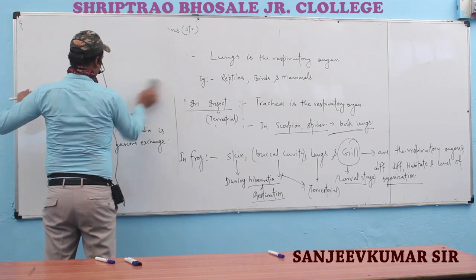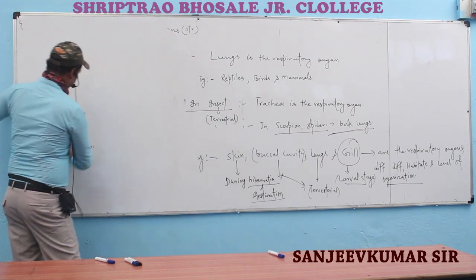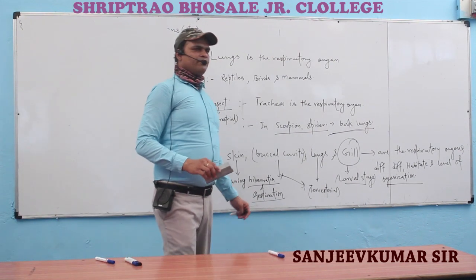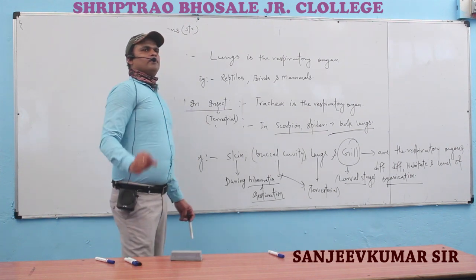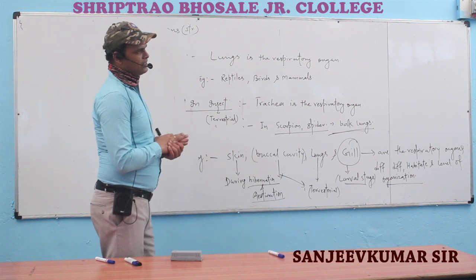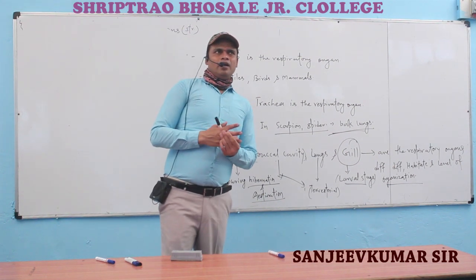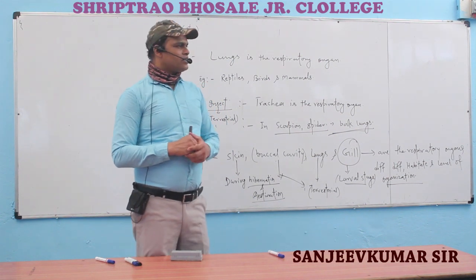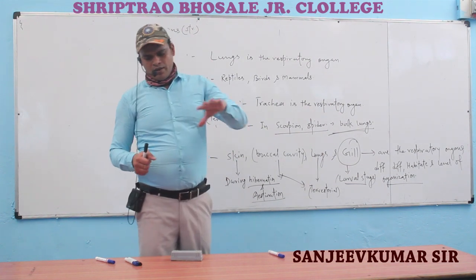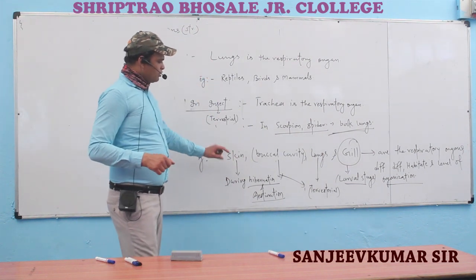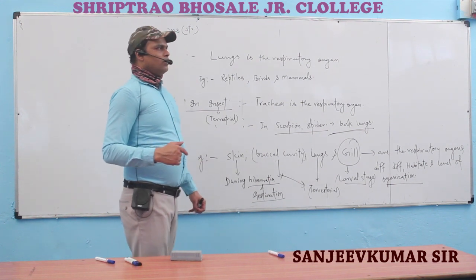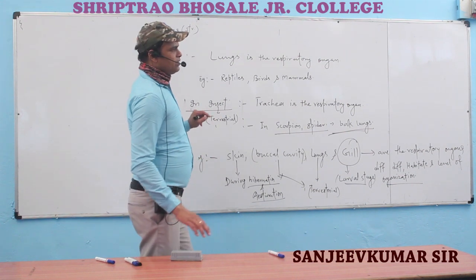Hibernation and estivation are two very important phenomena which occur in frog, where the metabolic rate is very slow during hibernating condition and during estivation. Hibernation during winter season and estivation during summer season. They reduce the metabolic effect due to the change in temperature.